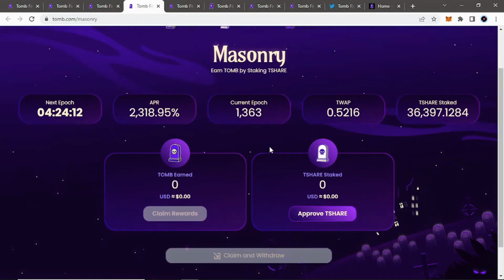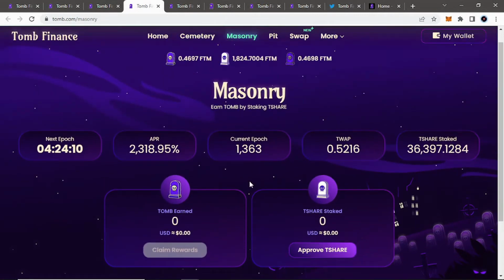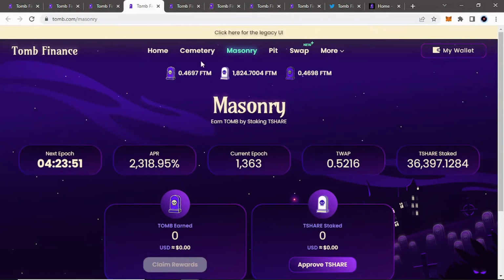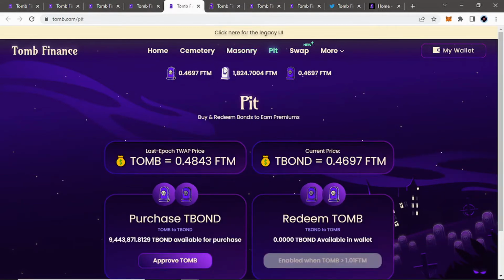It will go over how you can help to try to get over peg, but typically when the TWAP, or the price, goes above 1, you would stake your T-share in here and earn Tomb passively for an APR currently, and it does fluctuate, of about 2,300 at the time of this recording. But again, peg has to be over 1 for the Masonry to reward you with Tomb, which it is not at the time of this recording.